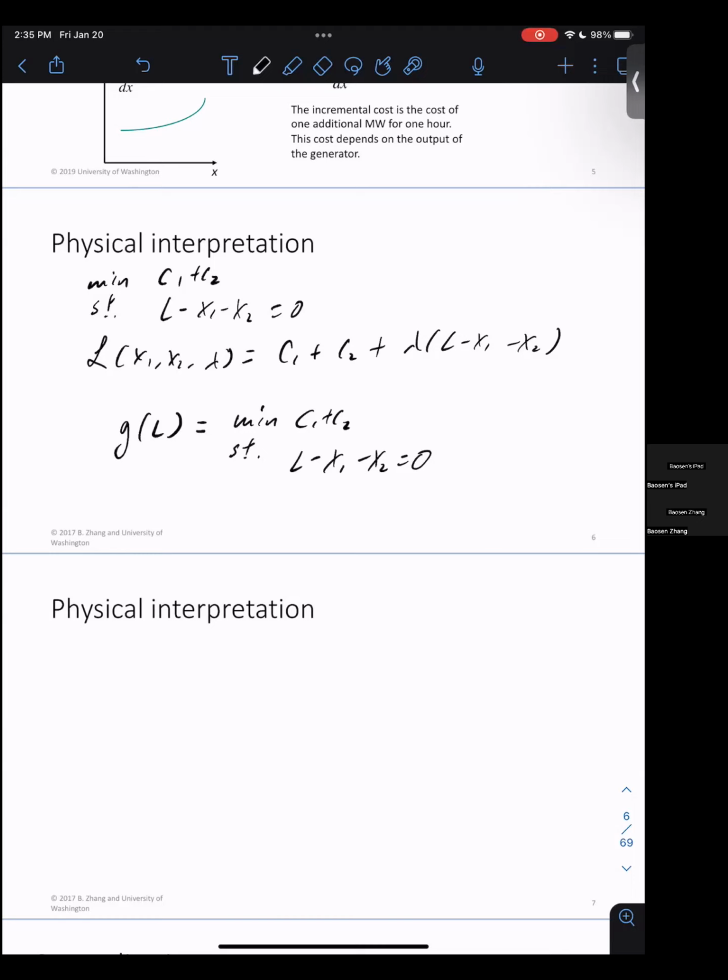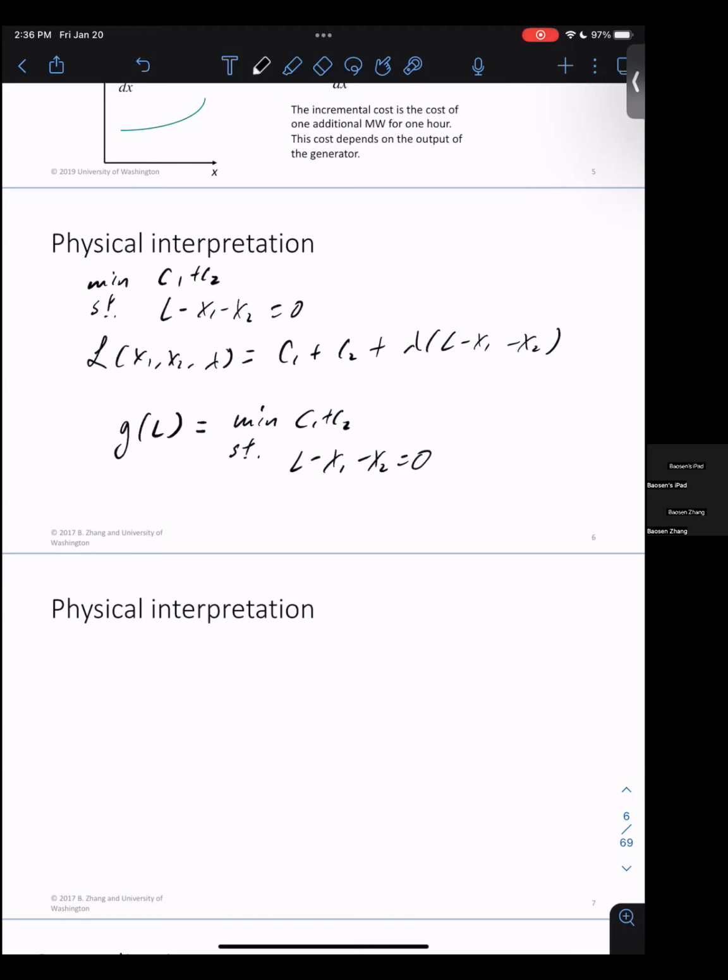Now for this function, you can ask the following question: what is the derivative of g with respect to L? Let's say you're operating the system. A natural question is, if I change L, how does my cost change?